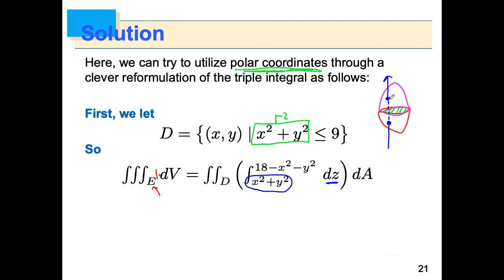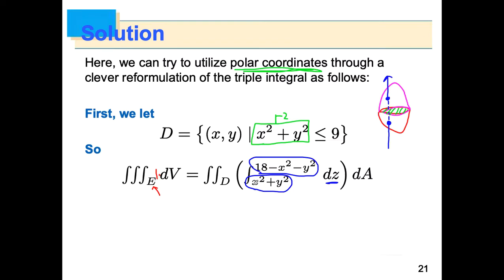And then it exits the top shell, which makes it my upper limit. So if you really are following me in this whole shooting an arrow thing, this should make sense to you. And of course, we're integrating with respect to z. So that's why I have this set up the way it is. And again, don't forget the integrand started off as just 1.